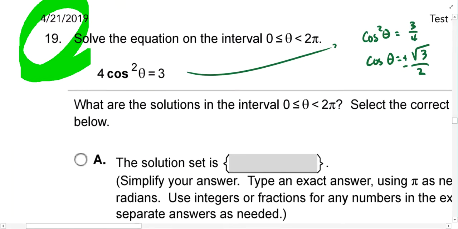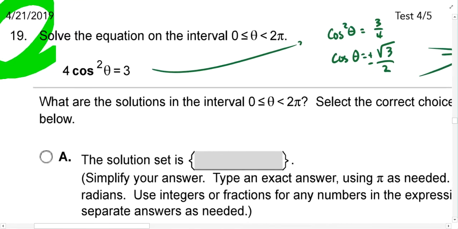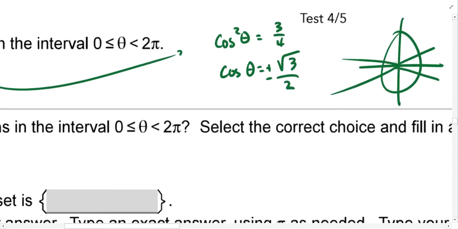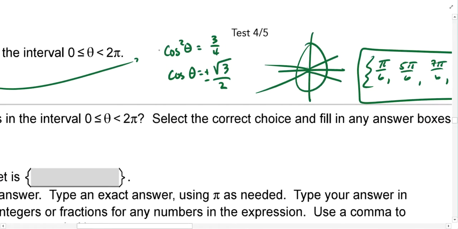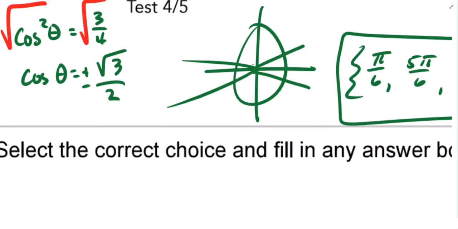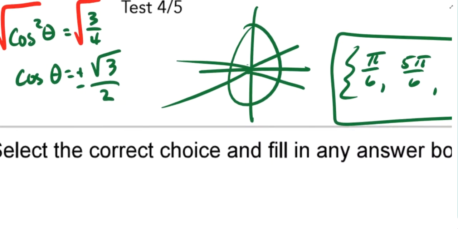For number 19, 4 cosine squared theta equals 3. Well, again, a little bit of algebra would allow us to get cosine by itself. Do keep in mind, however, that since we've got this cosine squared and ultimately a square root is necessary to isolate the cosine, we need to introduce the plus and minus symbol for the result, radical 3 over 2.